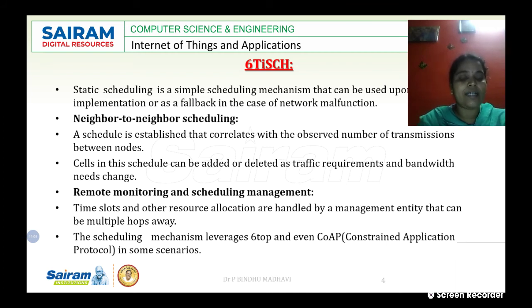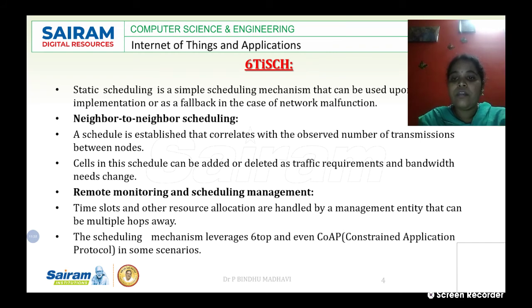Remotely, the monitoring nodes will be located in one place. Accordingly, the monitoring will be taken care of and the scheduling process will be assigned here. Time slots will be allocated for the specific nodes, and remotely all those nodes will be monitored, right? And there is one more thing called the Constrained Application Protocol, which, as I mentioned, will take care of the scheduling mechanisms and go for the controlling of all these scheduling processes.